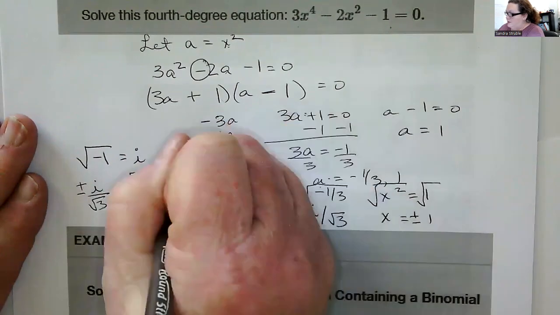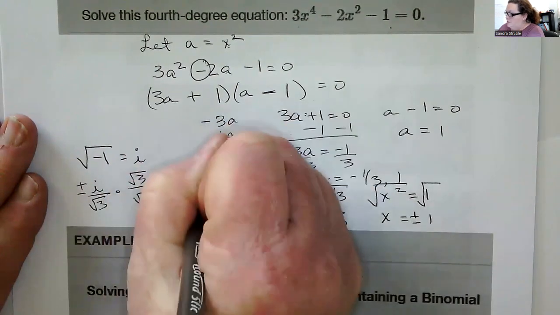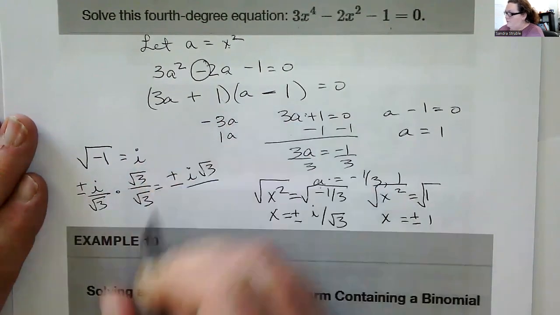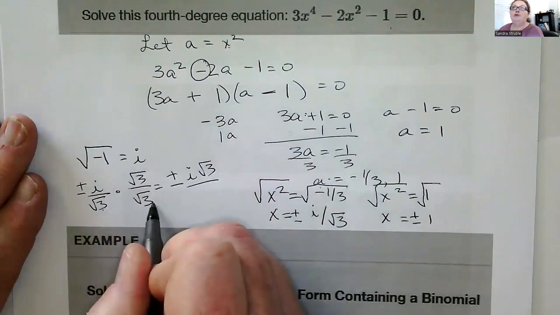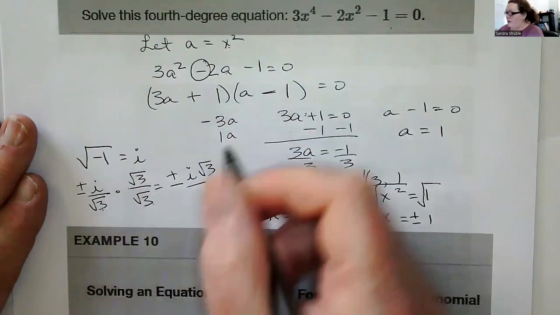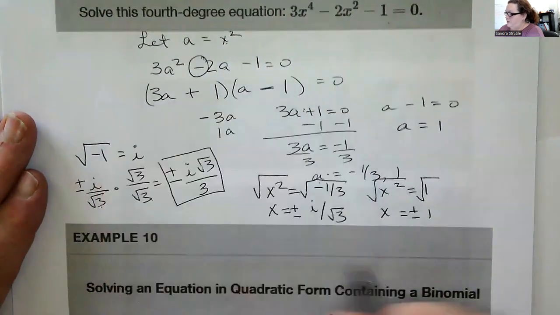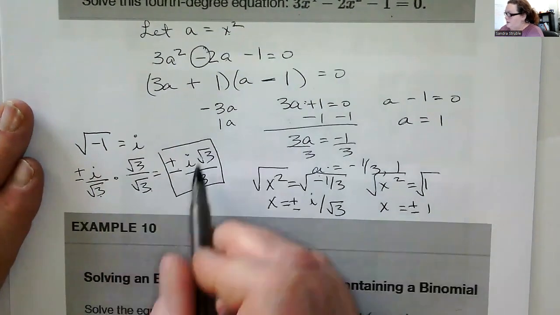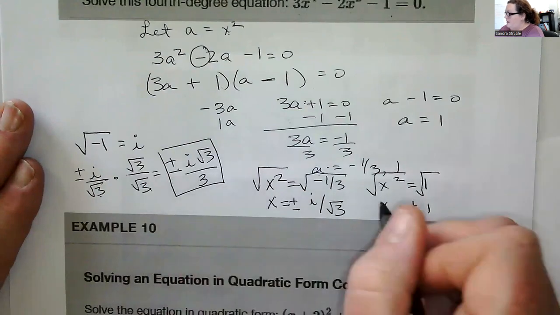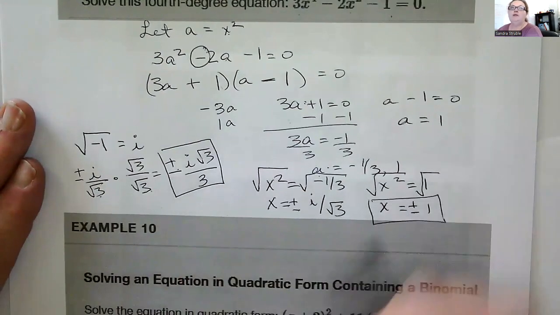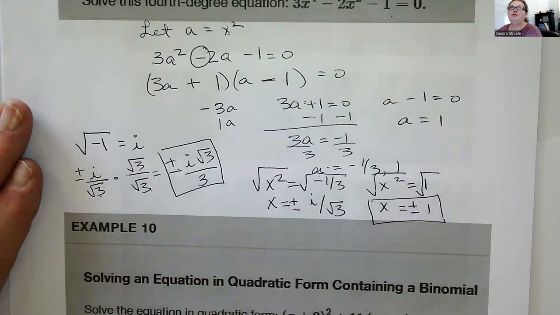And my answer then is plus or minus i square root of 3 over, well, square root of 3 times the square root of 3 is the square root of 9. Square root of 9 is just 3. So x equals plus or minus i, the square root of 3 over 3, and x equals plus or minus 1. Those are your answers.